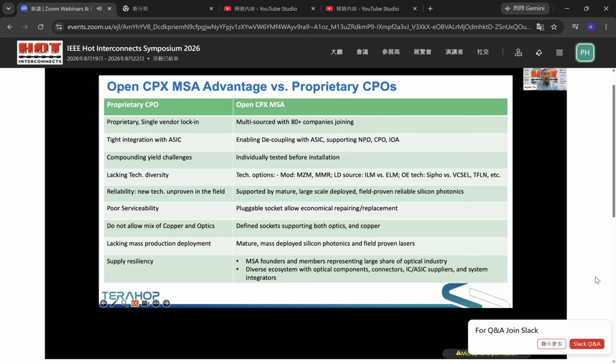And then within the form factor, we are open, like we talked about earlier, to available technology choices. We're going to start with the DR optics, but we are supporting multiple capabilities within the form factor, including OCI. I'll talk about that later.